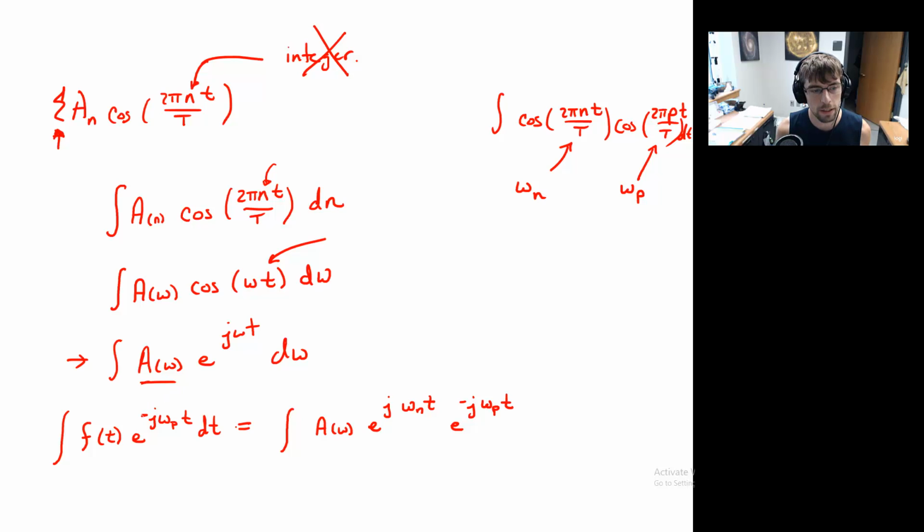So I'll put a negative sign in the exponent. Okay. And then don't forget, now unfortunately I've got two integrals. I've got a d omega n integral, and I've got a dt integral. So I'll put the dt, and then I'll put the d omega n in here.